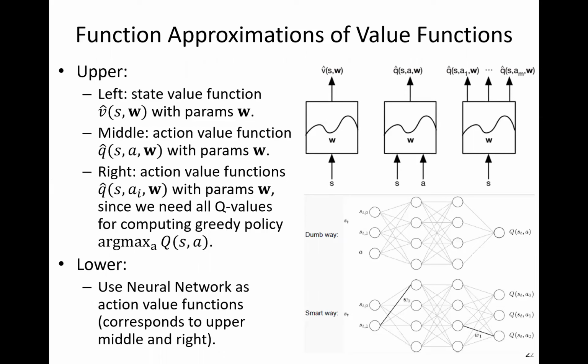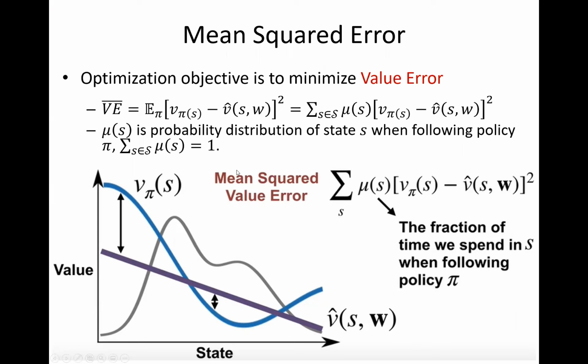The mean squared error, I mentioned this before in the imitation learning lecture, but just to reiterate. Suppose we have a real value function v pi, the blue curve, and we use a linear function to approximate the v pi. V hat is the estimated value function. So we want to minimize the value error, which is the expectation under policy pi of the squared difference between v pi and v hat.